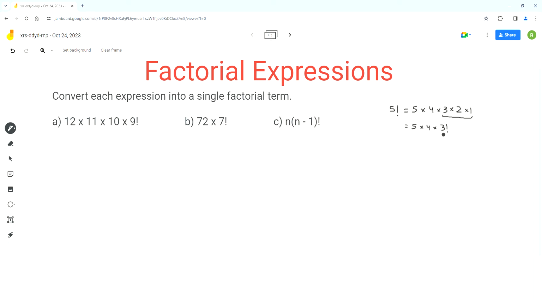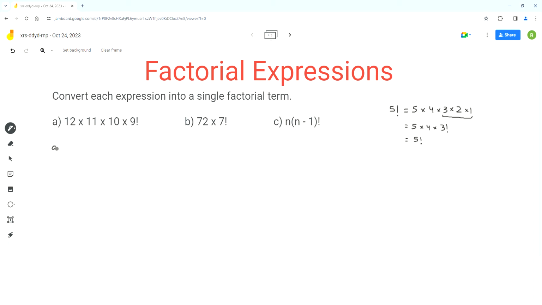Now we can combine 3 factorial with 4 and 5 to change it back to 5 factorial, because 5 factorial is 5 times 4 times 3 times 2 times 1. So this is the concept that we'll use to solve this problem.